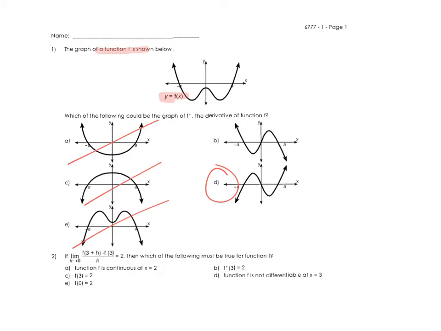If I look more specifically, I can see the graph is decreasing, so the derivative is below the x-axis. Then there's a slope of 0, so the derivative is at the x-axis. Then there's positive slopes.